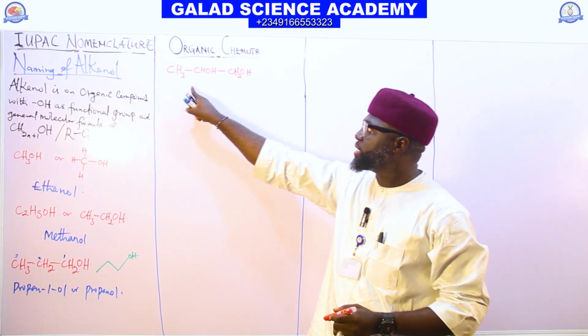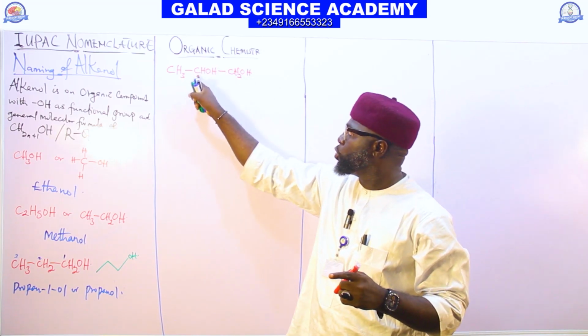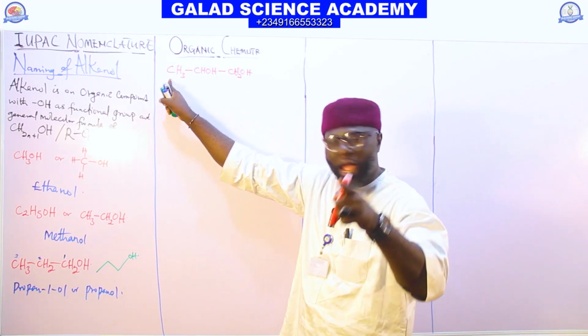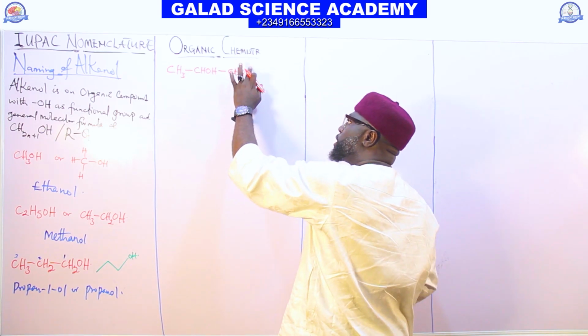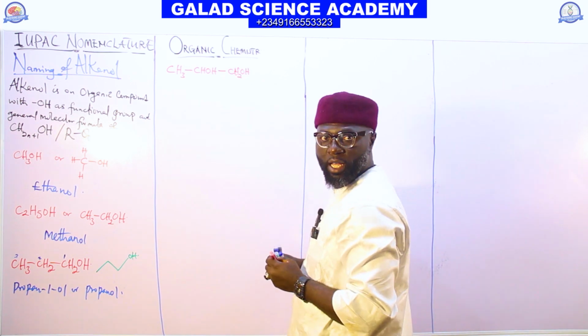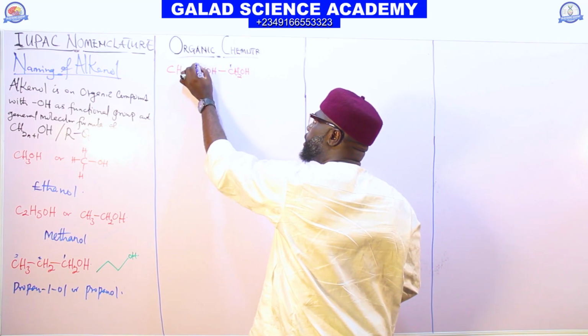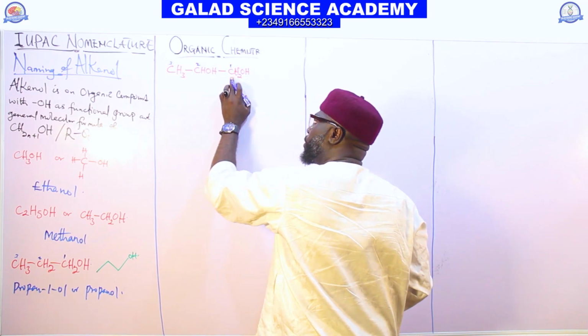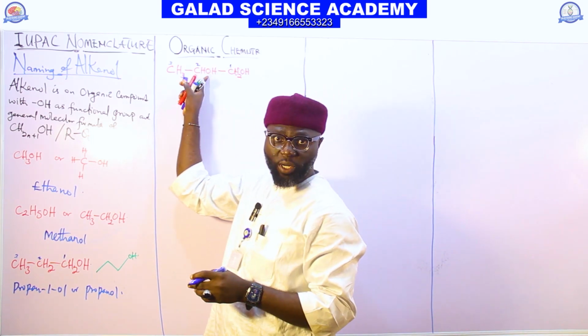You have to name it in condensed form. 1, 2, 3. But how many OH do we have there? 2. We have 2 OH hydroxyl groups. This is the first carbon, 1, 2, 3. We have two hydroxyl groups, the first one at first carbon.